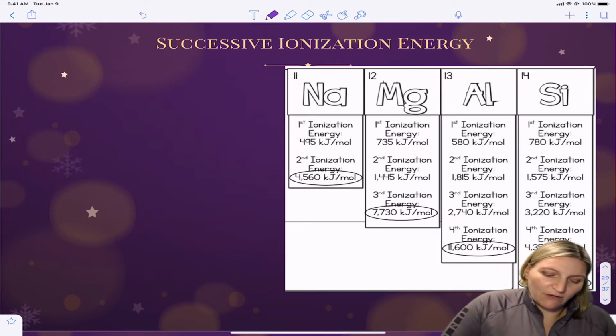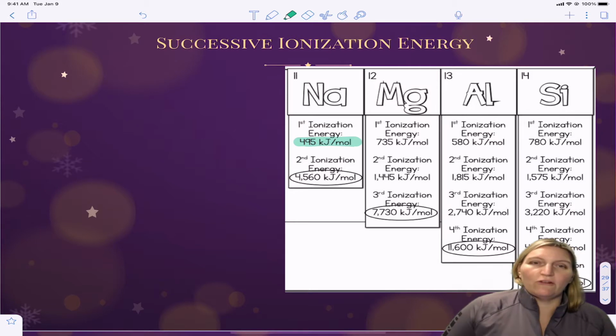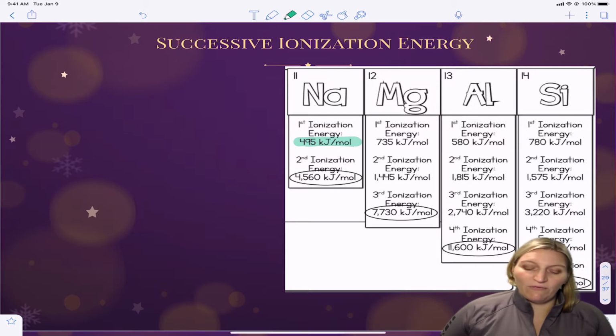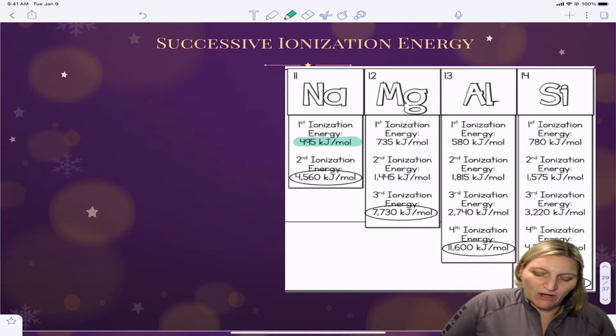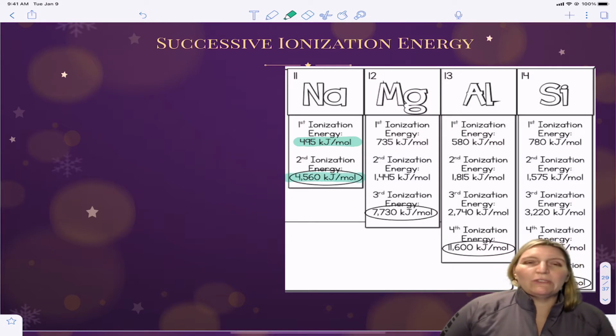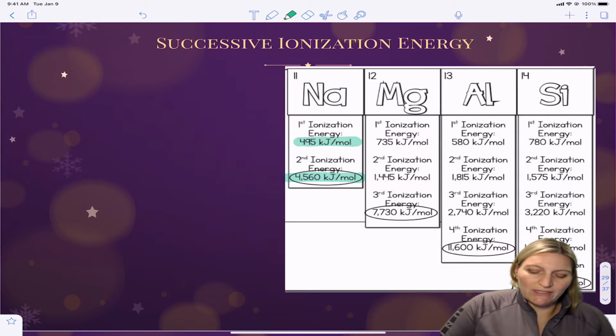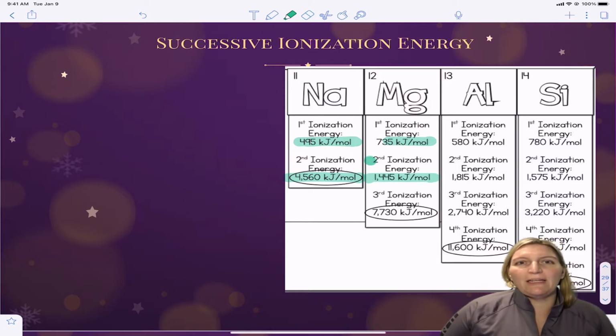So you can see if we're looking at sodium here, sodium's first ionization energy is 495 kilojoules per mole. To remove that second electron, it jumps up almost 10 times. Now, you don't see that large of a jump when moving from the first to the second ionization energy of magnesium.